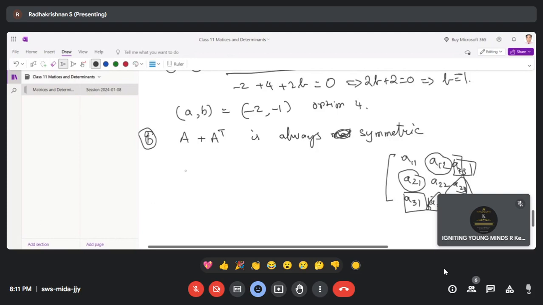And what about A minus A transpose? Will it be symmetric or not? A minus A transpose is not symmetric, not zero also. Okay. It will be a skew symmetric matrix. And what is skew symmetric?